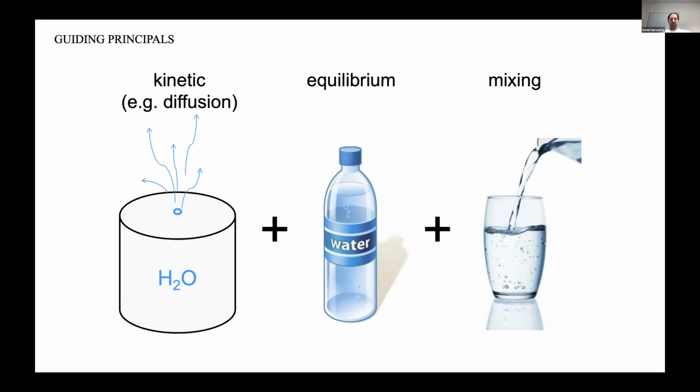It can be, of course, simply distortion from equilibrium, or saying that equilibrium is not reached, but it's also mixing that is often included in these kinetic isotope effects that we observe. So for instance, for the vital effects of corals, I made a small theoretical model where mixing and diffusion and equilibrium all play a role. And I just want to go through this with you.